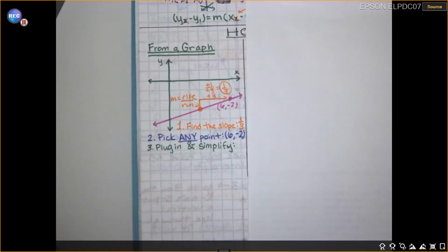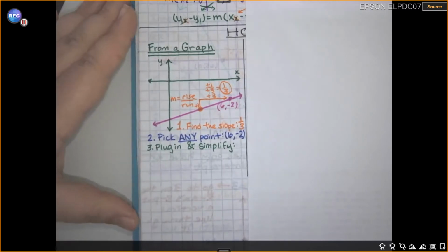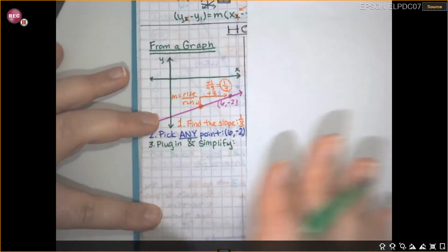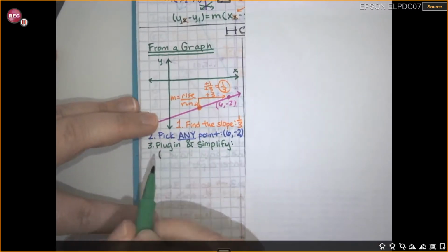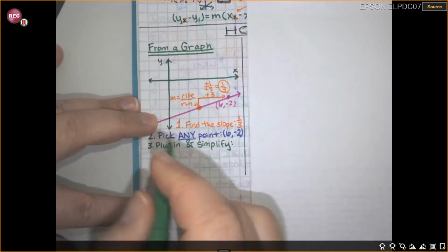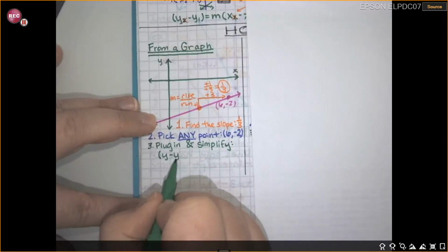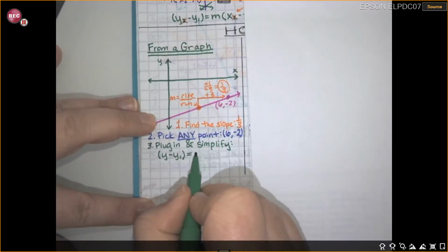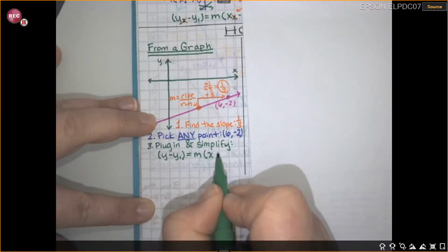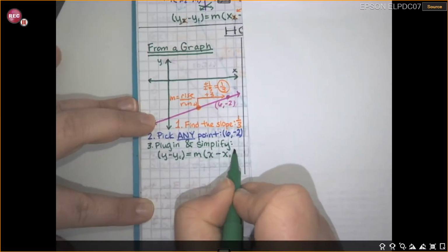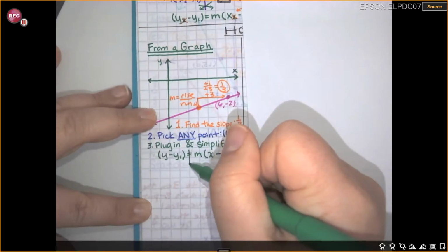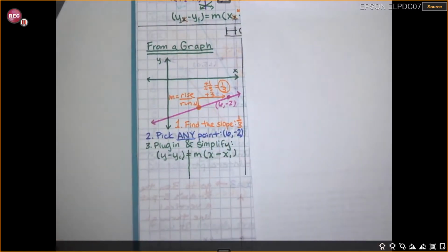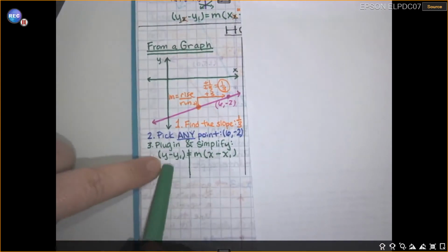From here, I plug it into point slope form and just simplify. So you know me, I like to first just copy down what is point slope form, which is y minus y sub 1 equals m parentheses x minus x sub 1. Now, this is like the slope formula because we got it from the slope formula, remember, that that means that these negatives are built in.